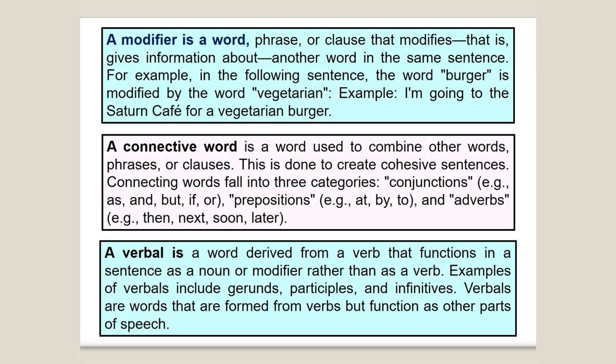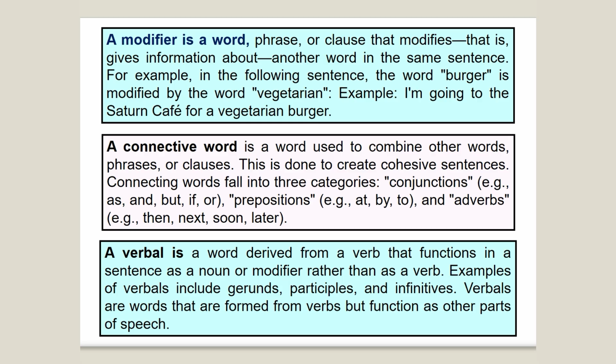Now we are coming to another term, the modifiers. What is a modifier? A modifier is a word, phrase or clause that modifies, that gives information about another word in the same sentence.